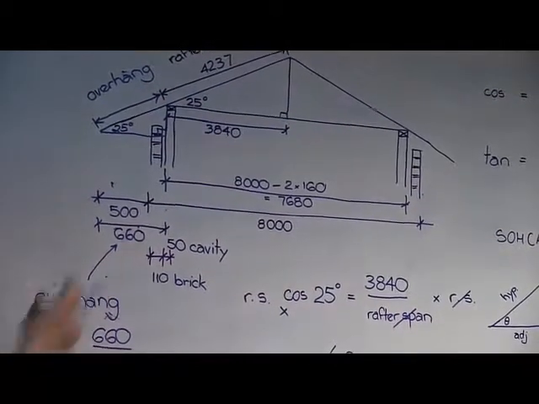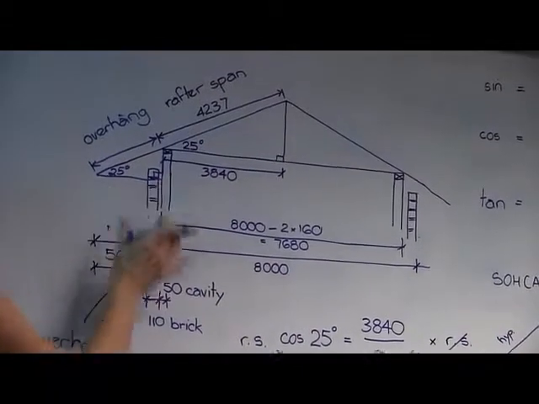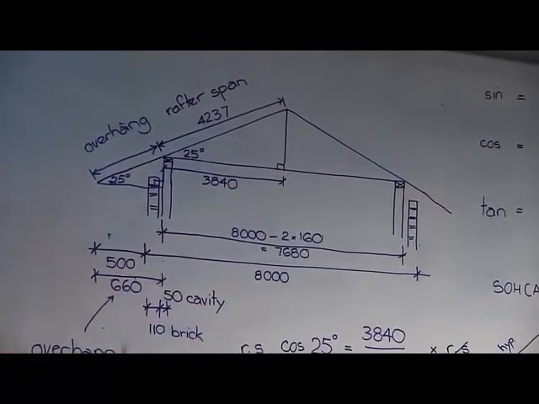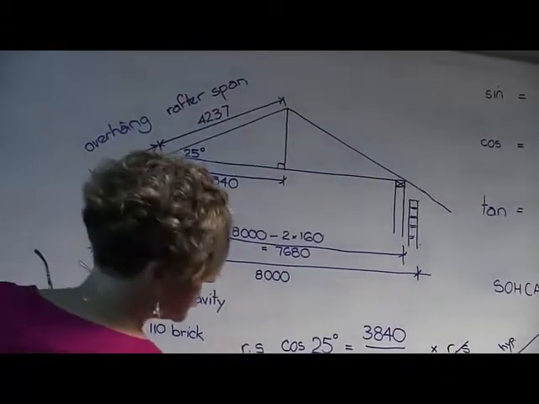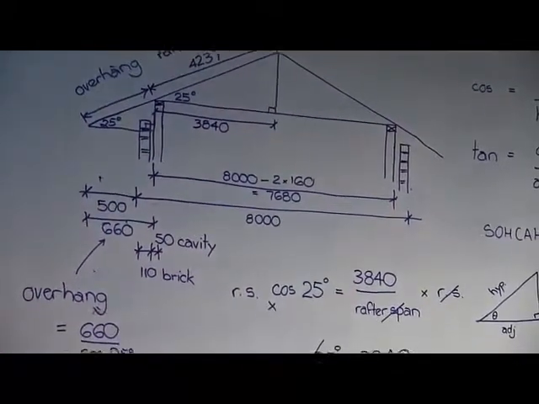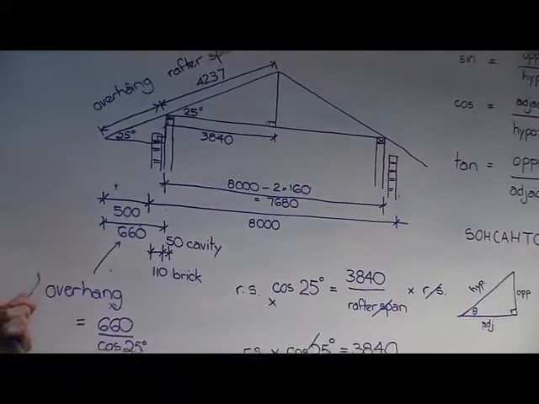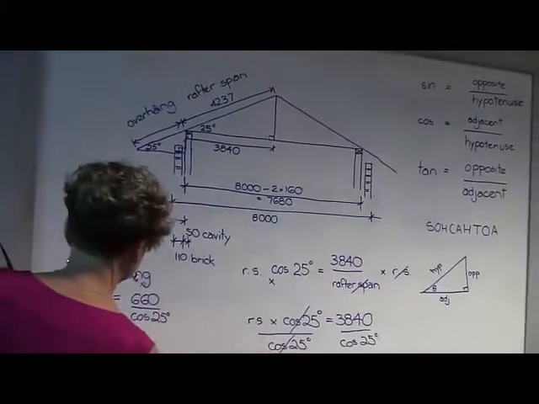The triangles are just the same, except the base is now that dimension, so we have the same equation: 660 divided by cos 25, which is 728.